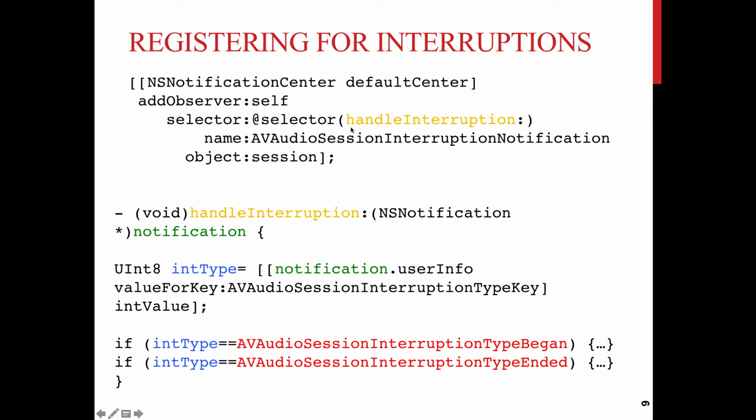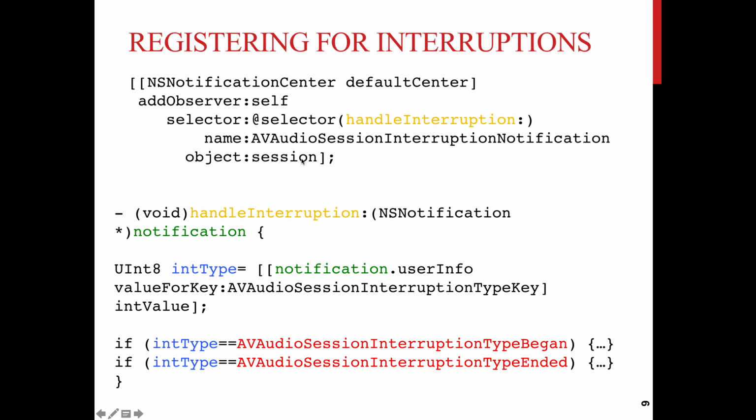So we're going to make a new function called handle interruption. We're going to say when an interruption happens, I want you to call this function right here, and the notification center will do that. And this is for an AVAudioSessionInterruptionNotification, and the object that is making this call is session.